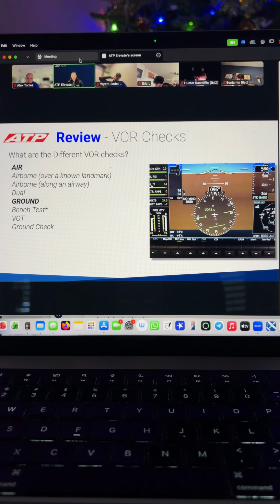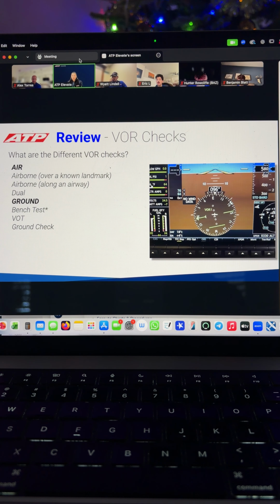It does give you a more accurate reading, but dual VORs is commonly what we use. It's good to be aware of all of the different ones that are available to you. There might be ground checks at your airport. Make sure if there is that you know exactly where it is, bookmark those, and be able to talk about it, again with the bearing errors.